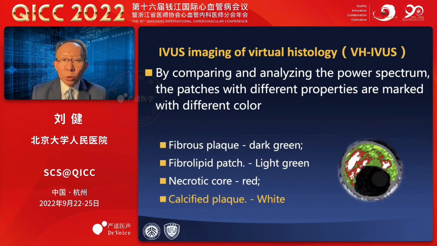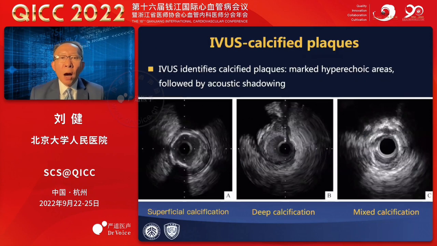And then VH IVUS, that is the virtual histology IVUS, looks at the characteristics of the plaque and has the fibrotic and fibrolipid and necrotic and calcified. So the white is the calcified lesions.